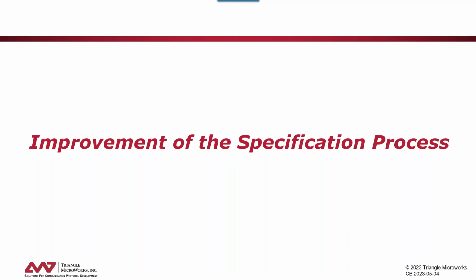Okay, thank you, Beth. So as we mentioned in the beginning, we now will briefly give a preview of some of the improvements that we are currently working on in the standardization community to improve the specification process.